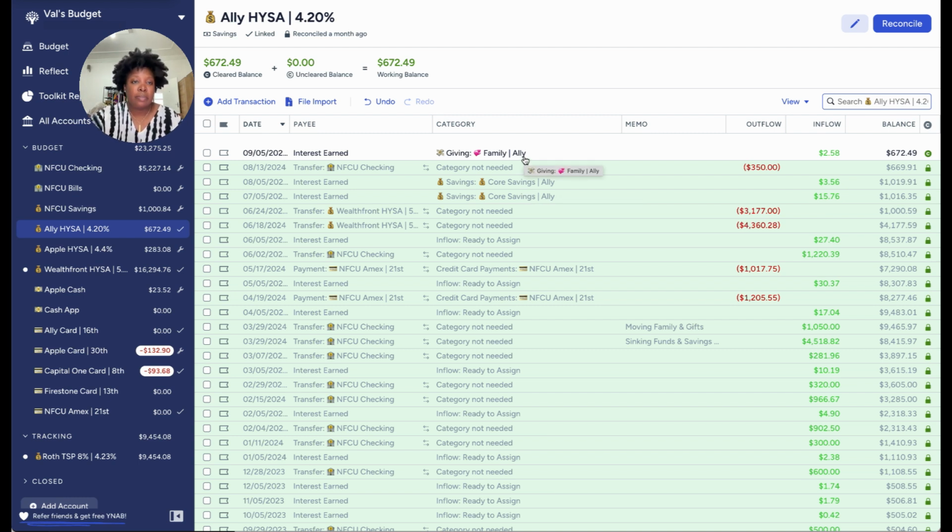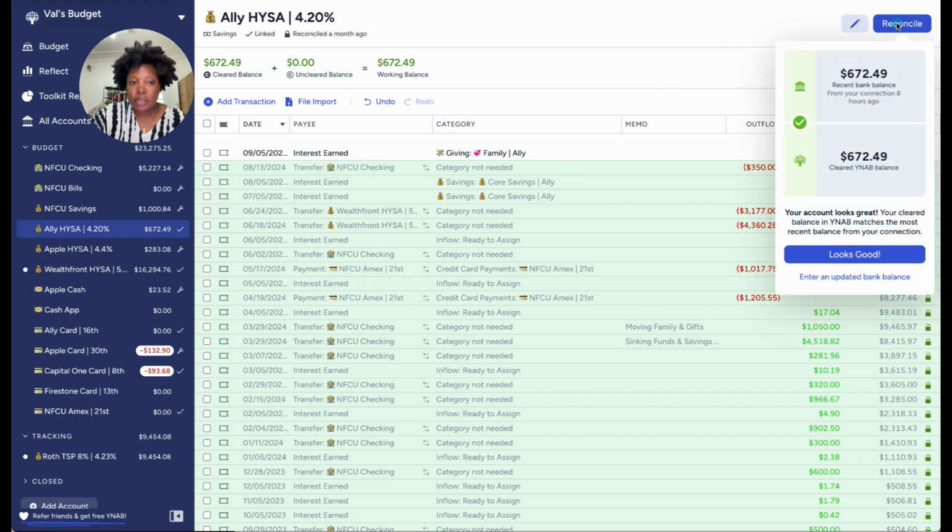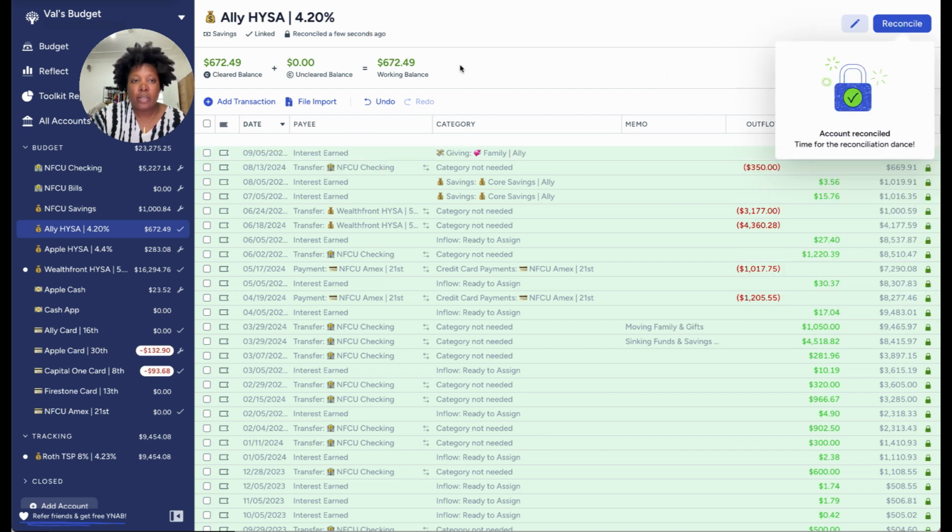All of everything that's in my Ally savings account will just be in one activity, one bucket, which is my family and friends. So, all right, so let's go ahead and reconcile this. That is good to go.